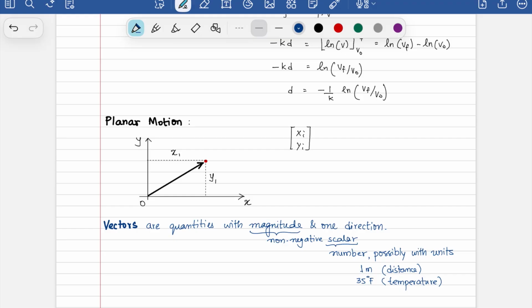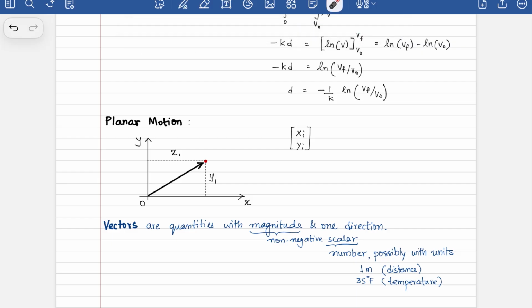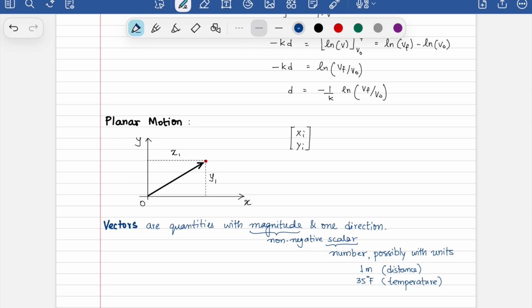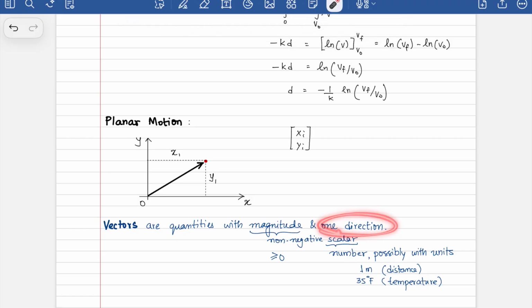Okay, so that's the idea of a scalar. Now, non-negative means that it must be greater than or equal to 0. So the magnitude must be greater than or equal to 0. And then there's only one direction. So in this case, the direction sense is in this direction.